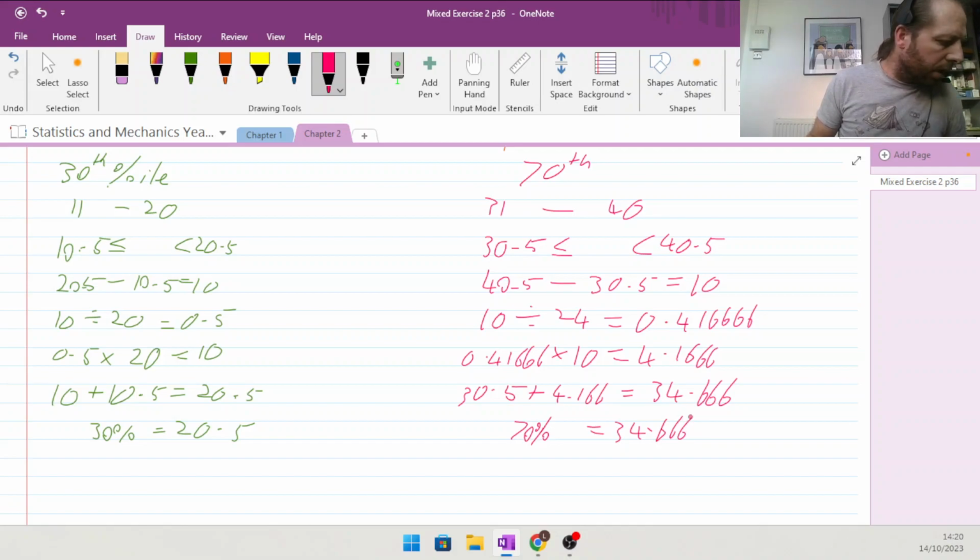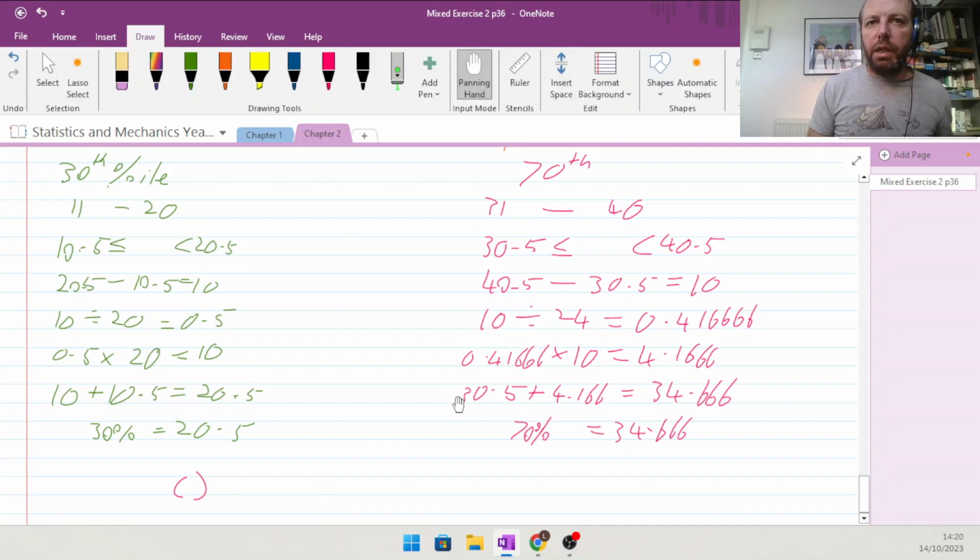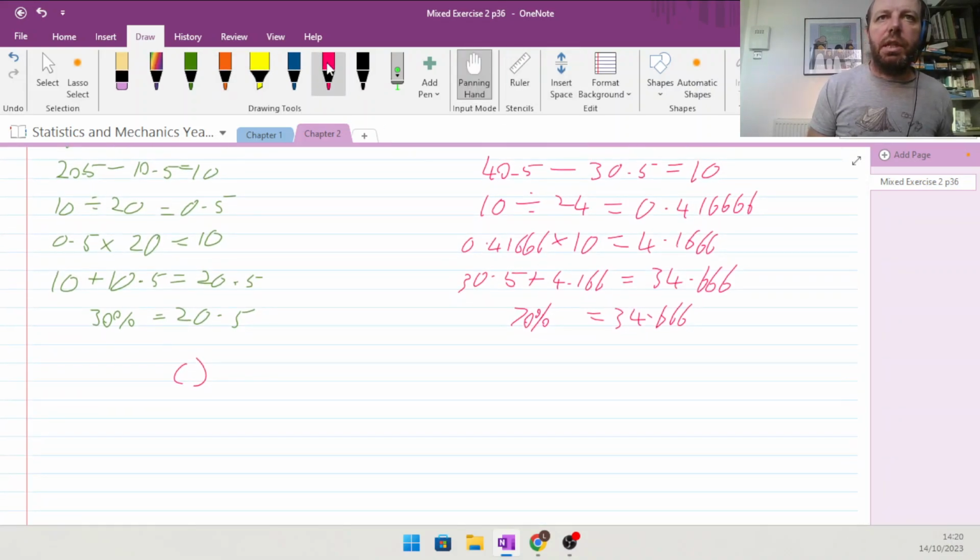Hence, do an estimate for the 70 to 30 percentile range. So for part C, the percentile range, not the interquartile range, the 70 to 30 percentile range will just be, let's do it as 70 take away the 30.